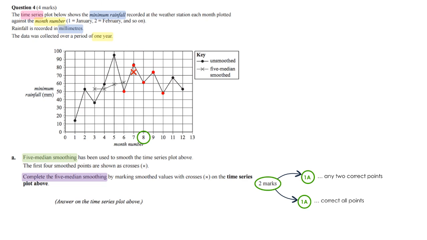Now we find the median on the horizontal axis, the median on the vertical axis, and where they intersect we have the cross. We follow the same procedure for month number 9. So 2 points to the left of 9, 1 point at 9, and 2 points to the right of 9. The median on the horizontal axis and the median on the vertical axis, and at the intersection we have the cross.